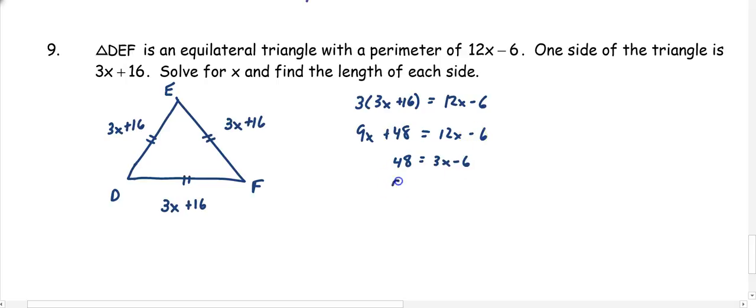Add 6 to both sides, so 54 equals 3x. So when I divide by 3, I get x is 18. Once I know x is 18, I can substitute in 3 times 18 plus 16, and I get that each side of the triangle has a length of 70.